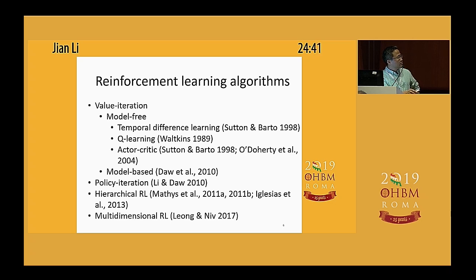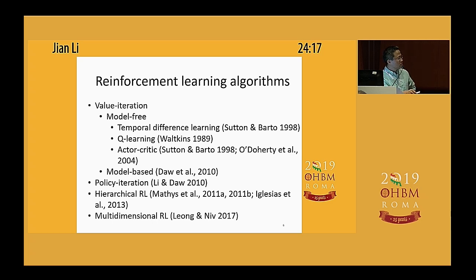If you use policy iteration, the idea is that instead of generating value signals for different options, you internally represent a policy telling you which option to choose, and then use the prediction errors to directly update this policy, telling you in the next trial whether you should move away from or towards a certain action.